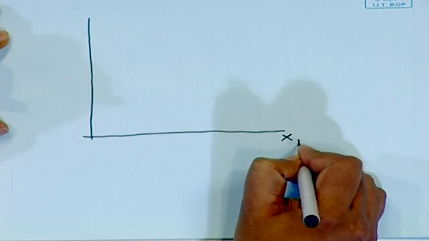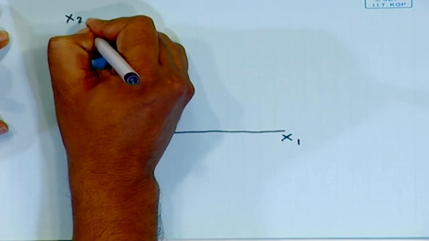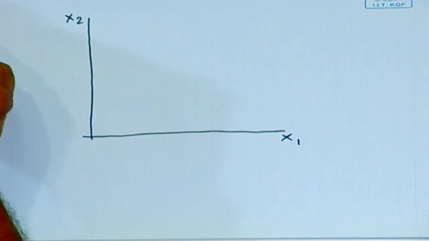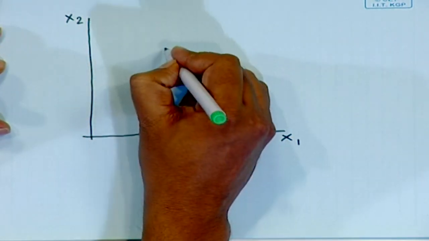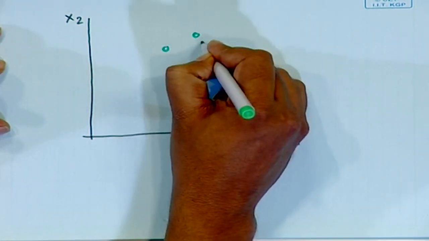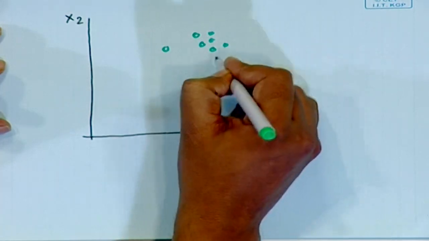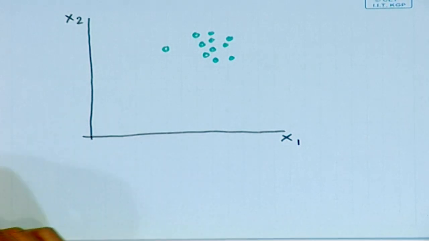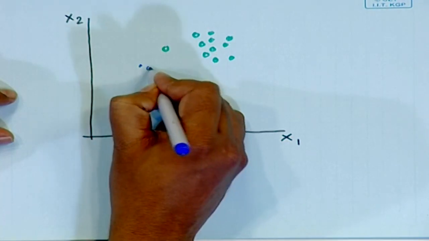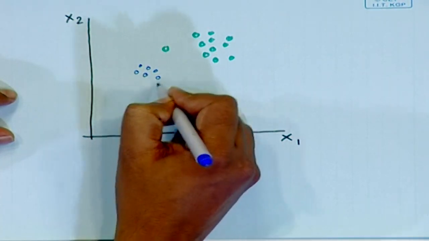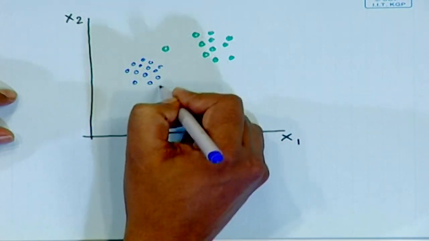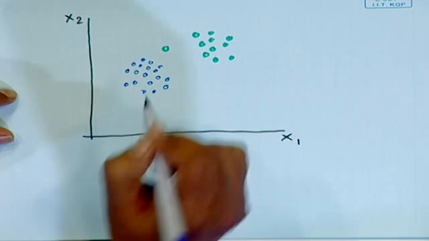I take 2-dimensional feature vectors having feature components x1 and x2, and the samples for one class are something like this, and for another class the samples may be something like this.